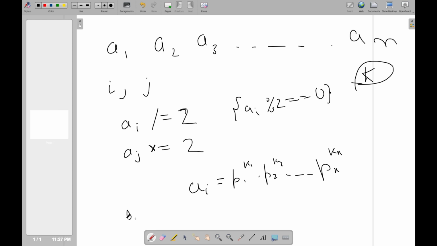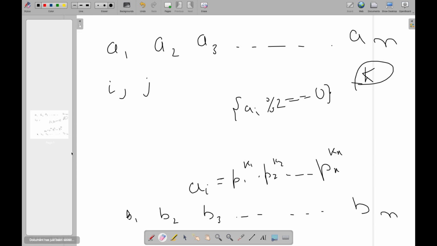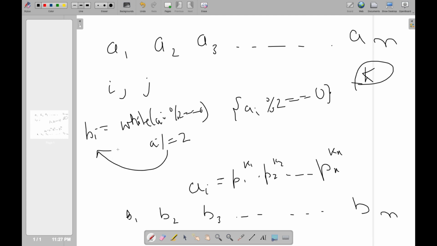I get a new array b1, b2, b3 up to bn, where bi is basically, let me use the eraser here. Mathematically, bi is obtained as: while ai is divisible by 2, we divide it by 2, and in the end assign it to bi.